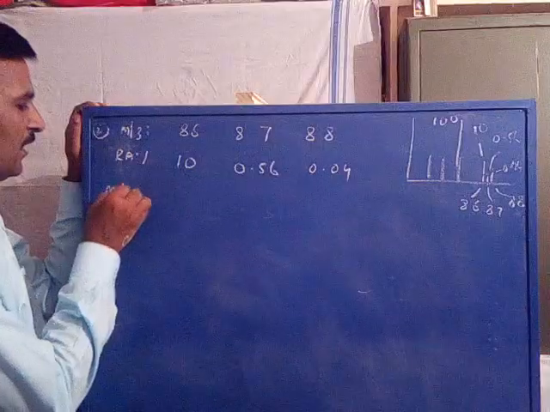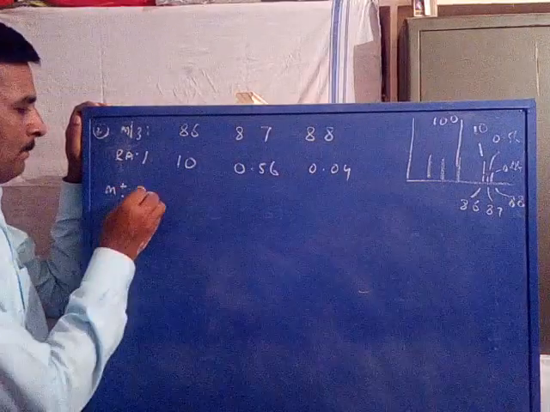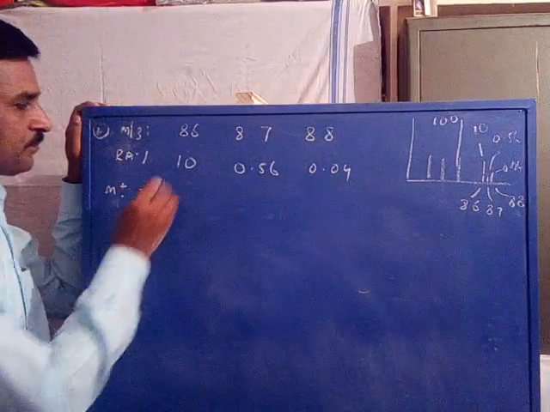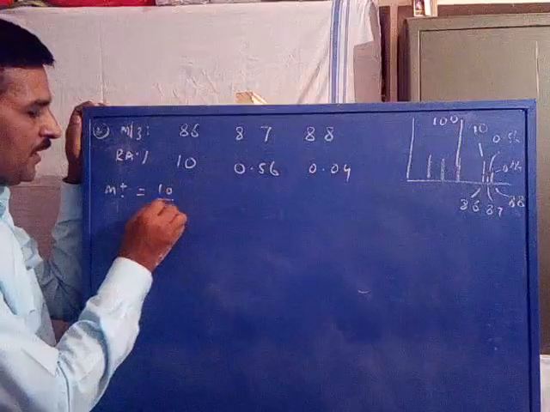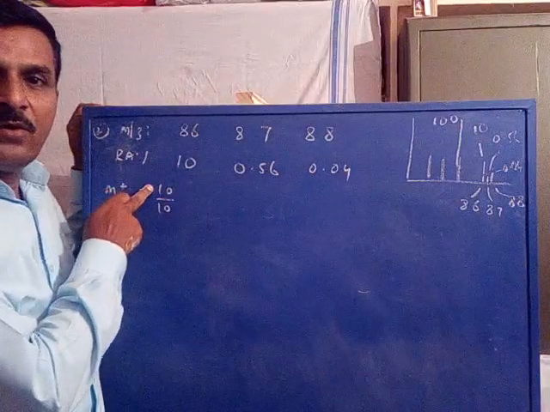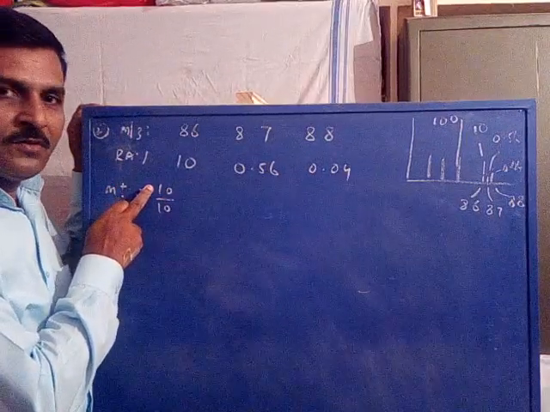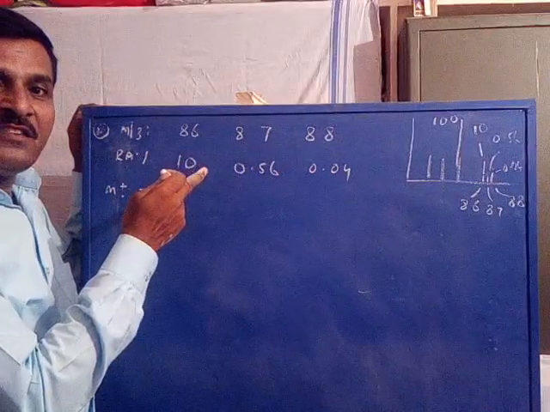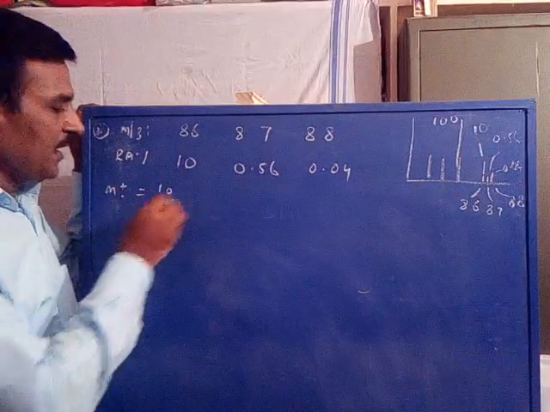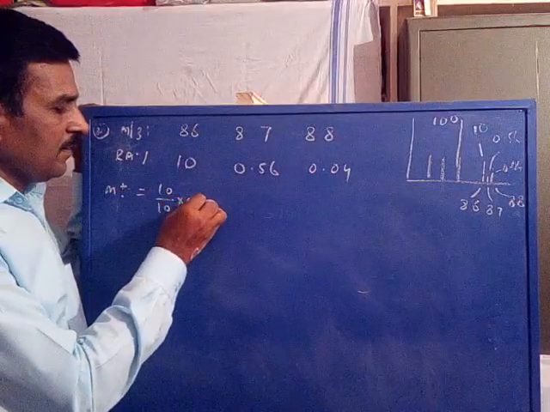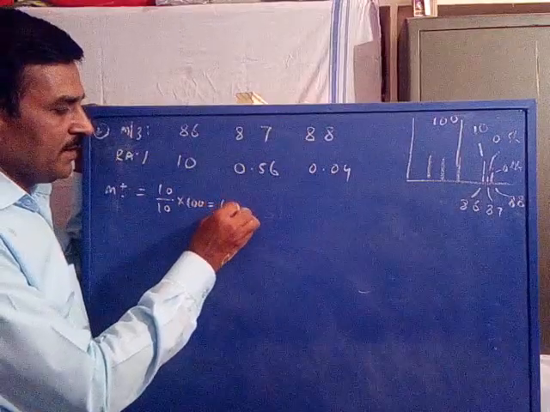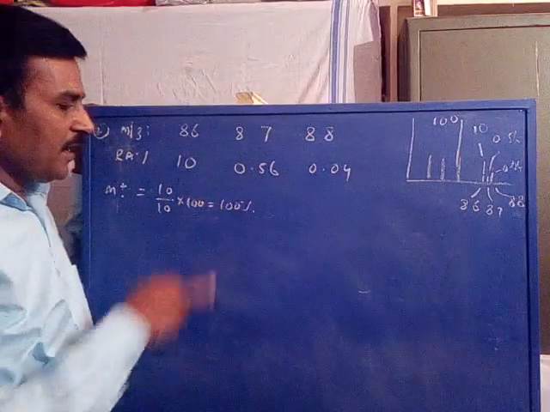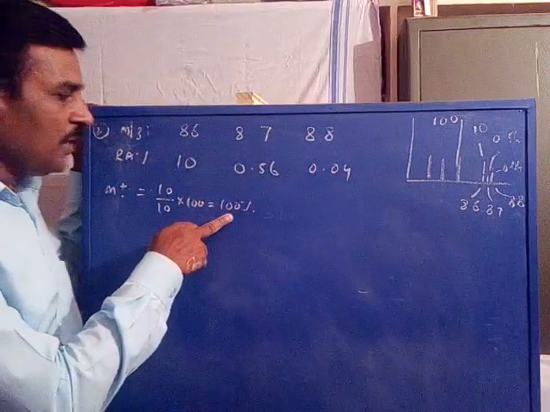Its original intensity is only 10%, so 10 divided by 10 into 100 becomes 100%. So the molecular ion signal intensity is raised to 100%.